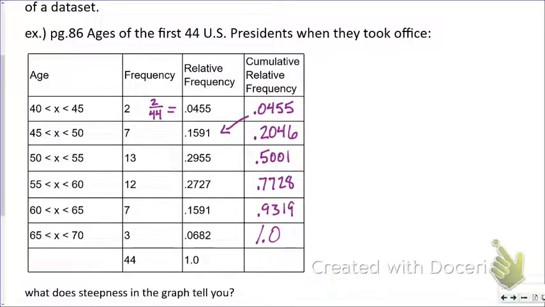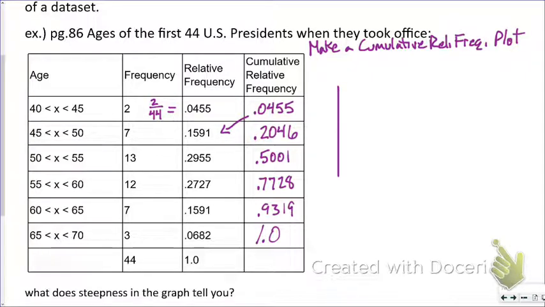Next, you make a cumulative relative frequency plot. So I'm going to write that right here. I'm going to start making this, but I'm going to hit pause so you don't have to watch how tedious it is.